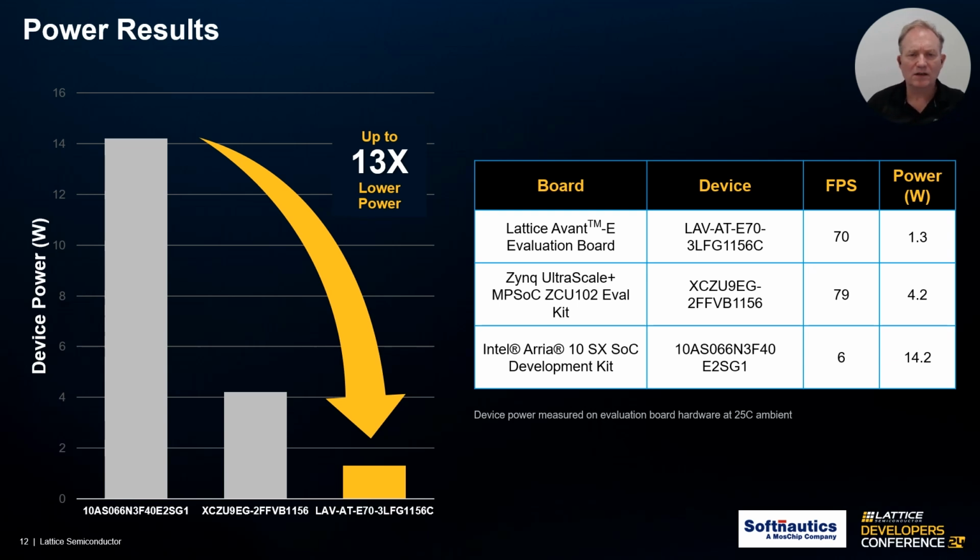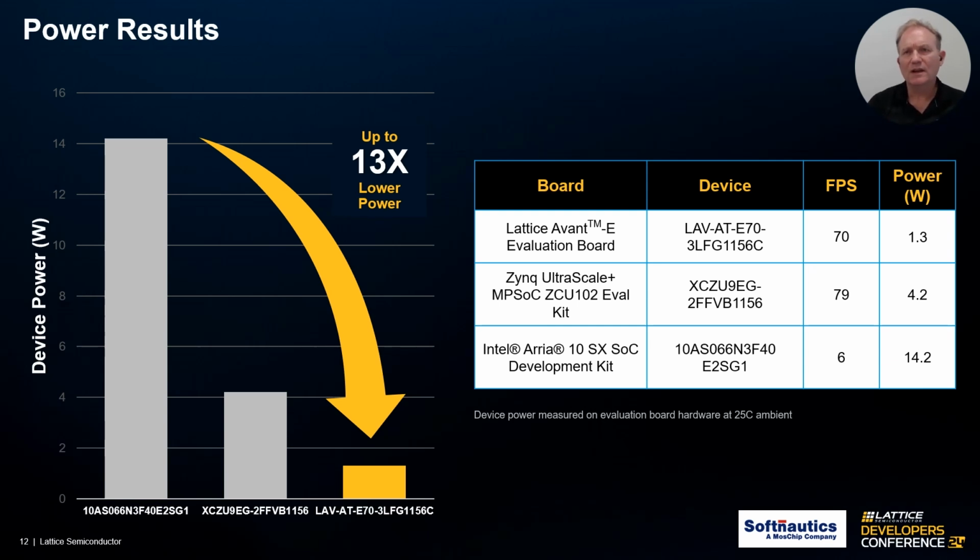And then lastly, when we looked at the same function and we implemented it using the Intel Arria 10 SX devices, there we were not able to achieve the same level of performance. We were able to achieve 6 frames per second, and we saw that their power consumption was 14.2 watts.